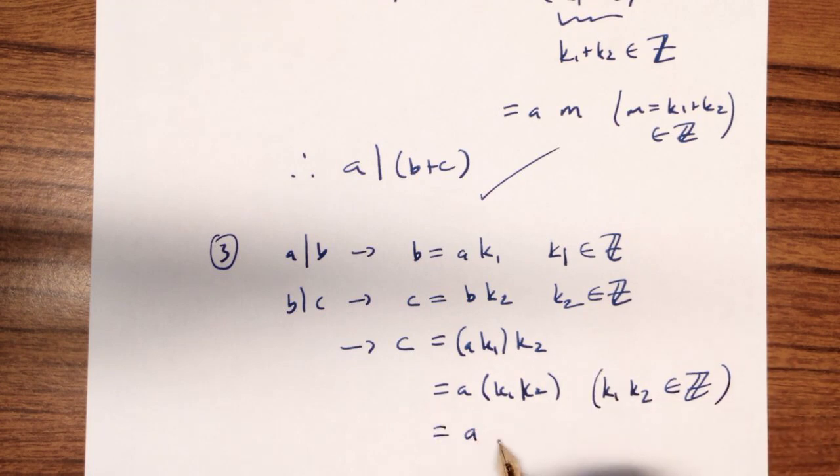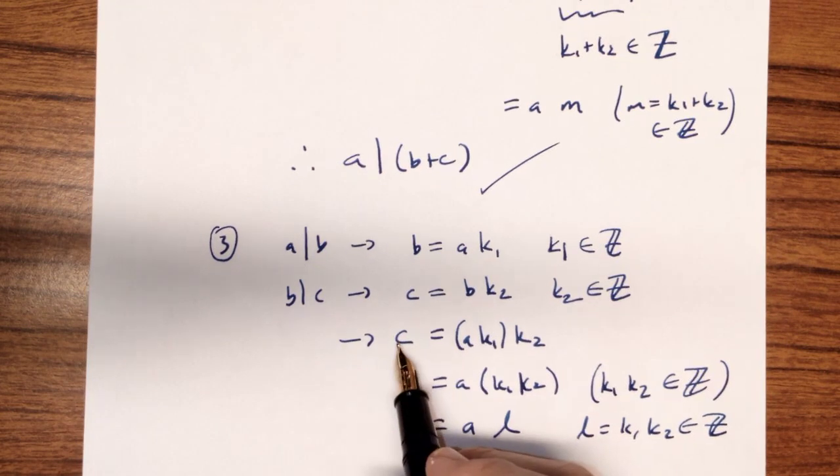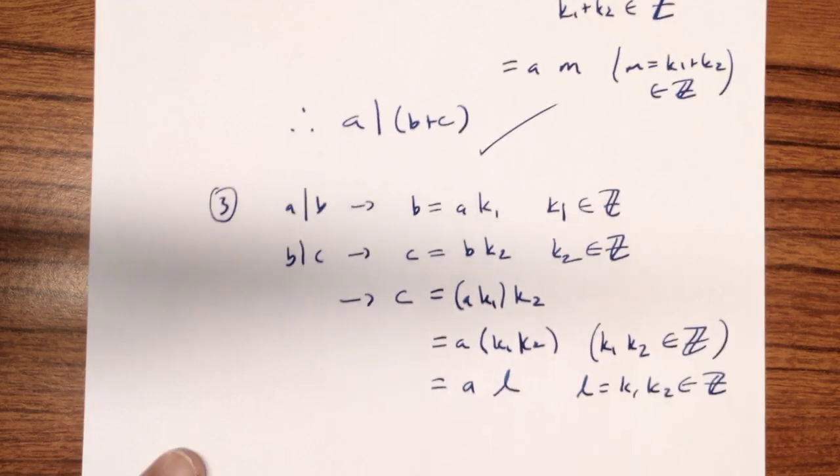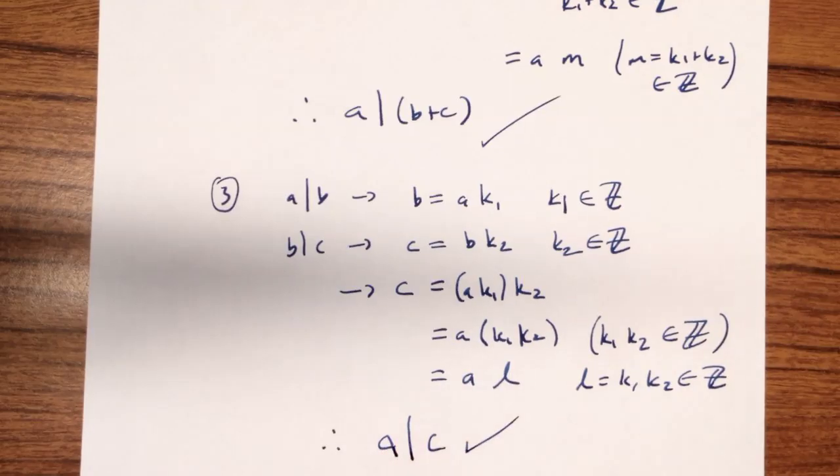So this is an L. L equals K1K2, and that's an integer. Hey, A times an integer is equal to C. Therefore, A divides into C. Exactly what we wanted.